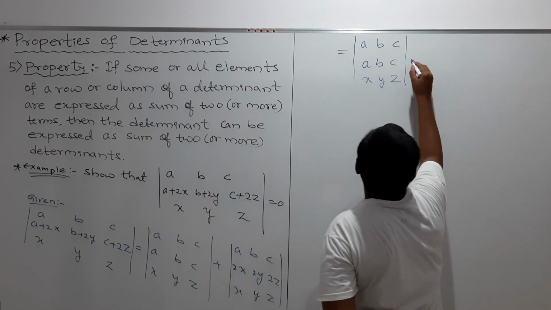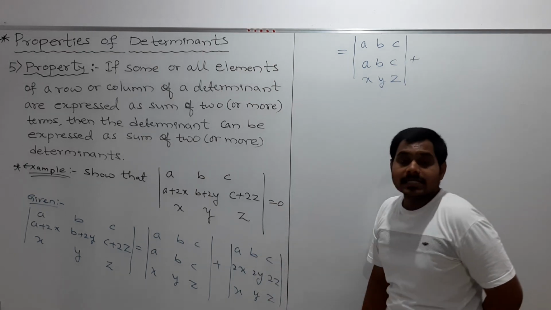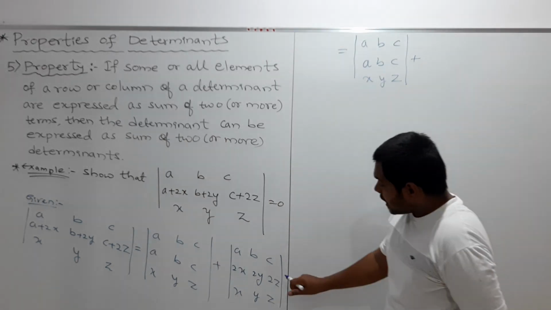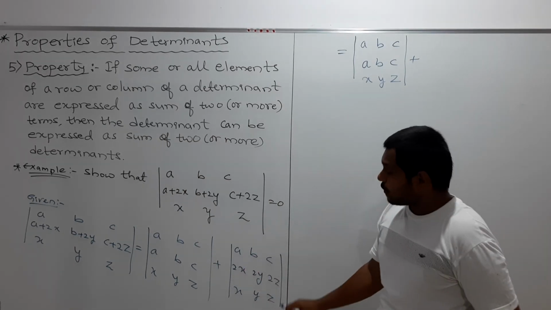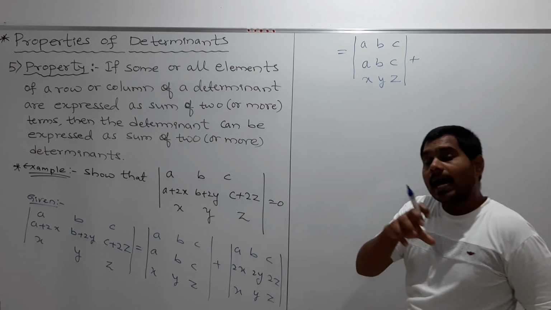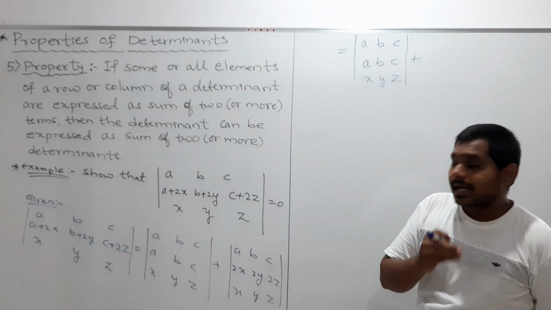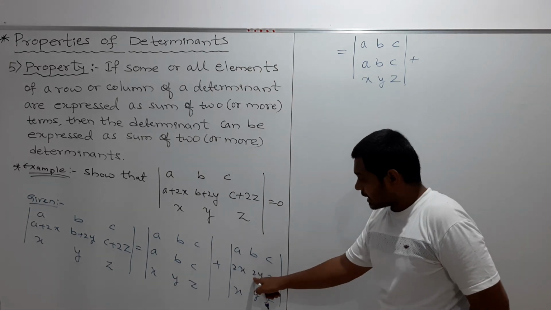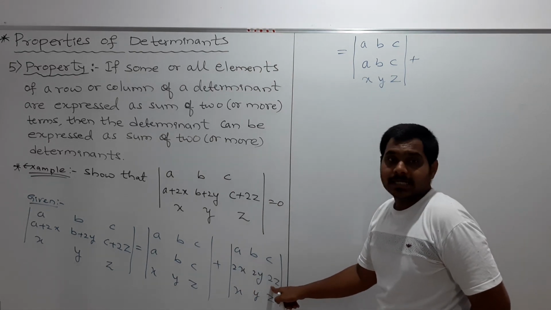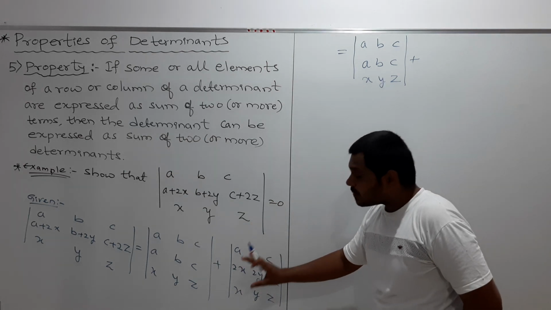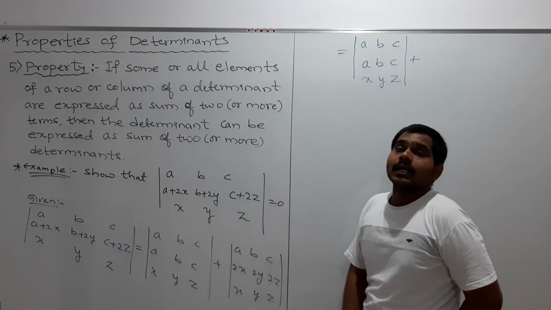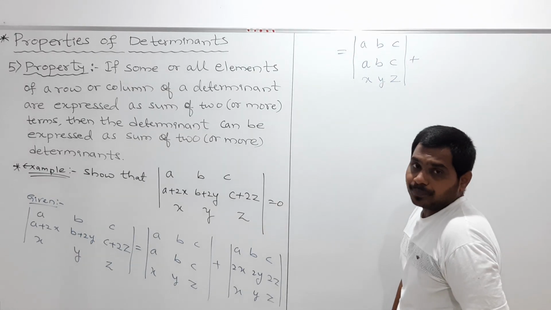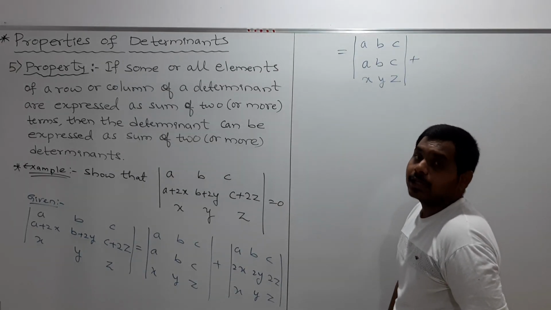And next plus, as we discussed in the properties in the previous videos, from any row or any column I can take the constant term. Clear? So here 2 is present, here also 2 is present, here also 2 is present. So from this determinant I can take 2 outside. I think that is property number 4, which I discussed in the previous videos.